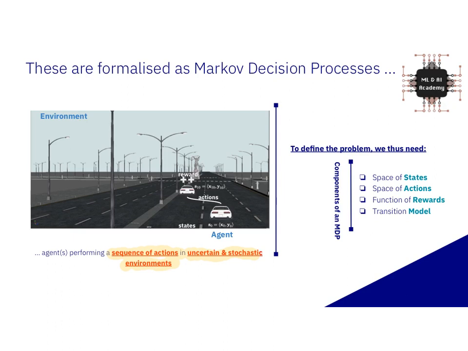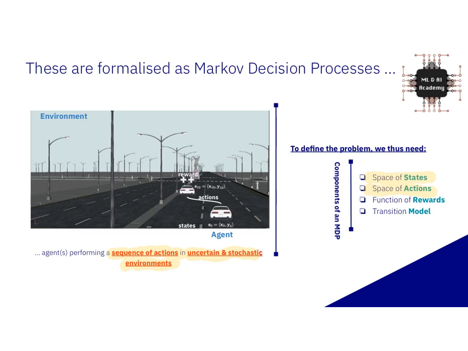So, in short, to define the problem, we need four components. The first component is a set of states or the space of states. So these are, for example, the XY position of the car. We need the space of actions. So that's the action set that we are going to allow the car to execute.